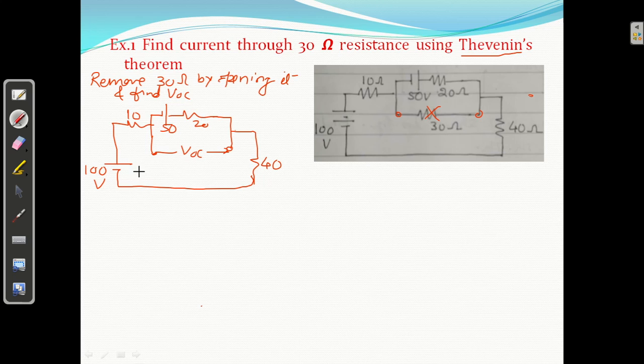Here, how many loops are there if it is open circuited, with points A and B open? Only one loop, this loop, with current I. So what is the value of I?